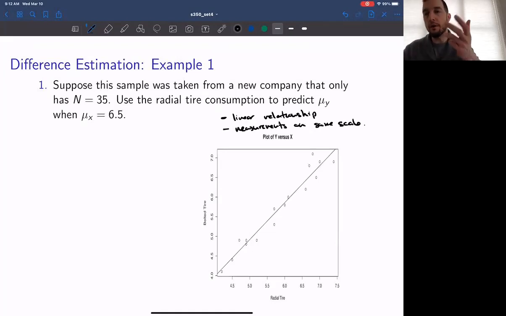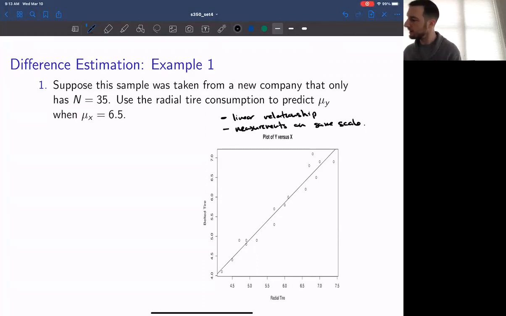Okay, so all three approaches, again, ratio, regression, and difference estimation, have the same requirement, which is the variables are linearly correlated with one another. And we can see from the scatter plot here that we do have evidence of this correlation. In this particular illustration, we can also see that each measurement is on the same scale. So the difference estimation approach is typically utilized when you have the values being given on the same scale, which is what we're working with here.